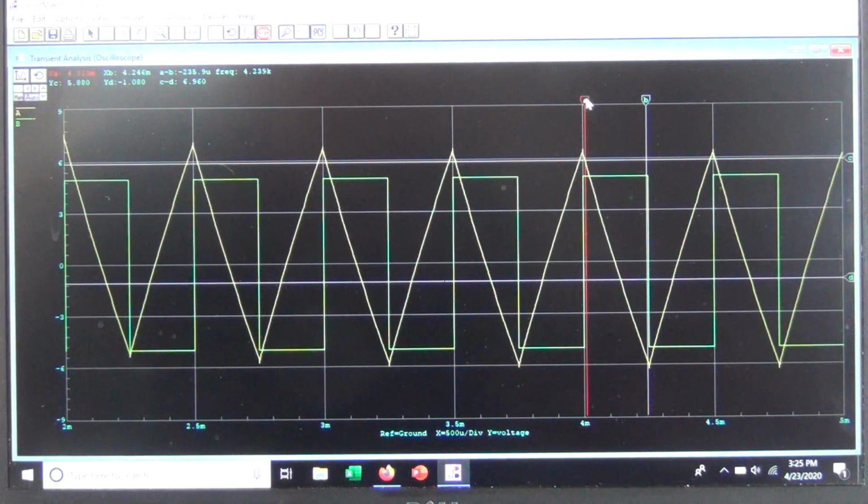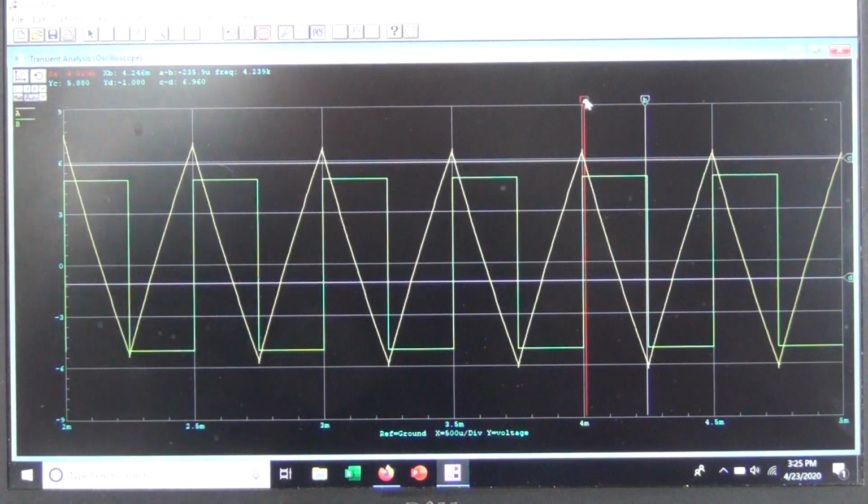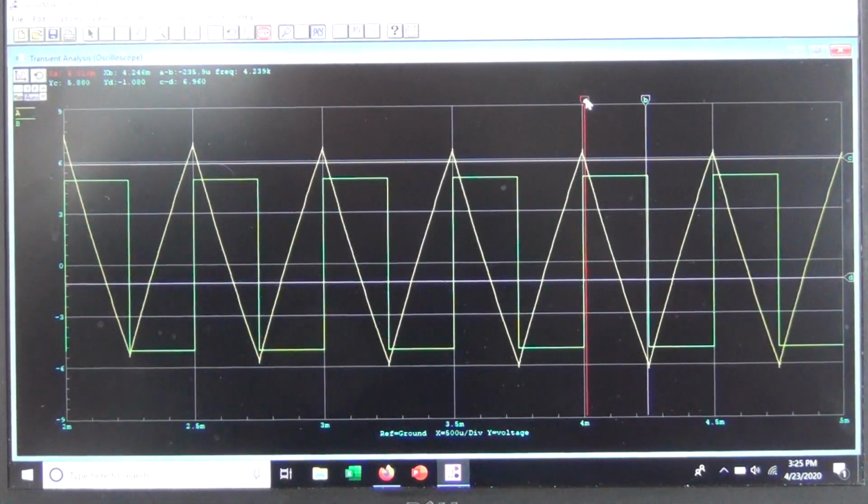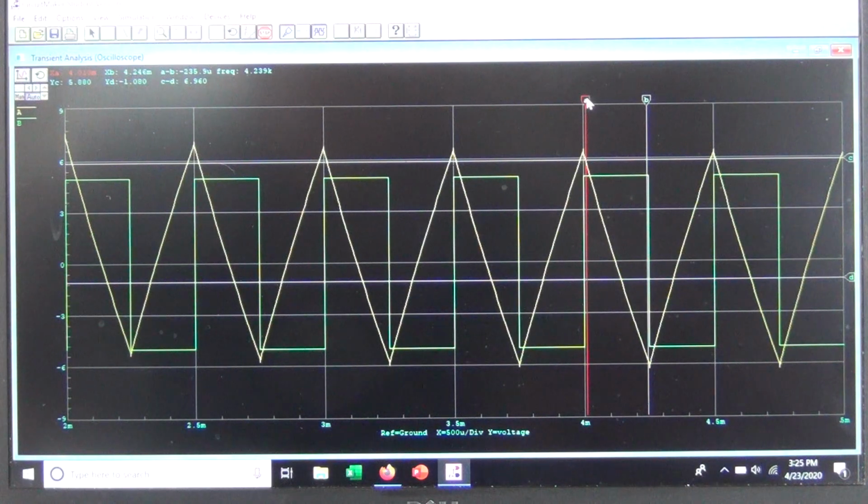I have the details in the screenshots, which you can blow up and see the measurements quite easily. So in about 250 microseconds, we have about a 12.5 volt rise. That'll give you the ramp speed of how many volts per microsecond or second is changing. And of course, it's symmetrical because you have either +5 or -5 volts.